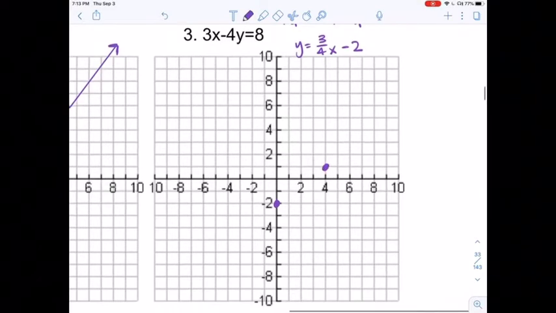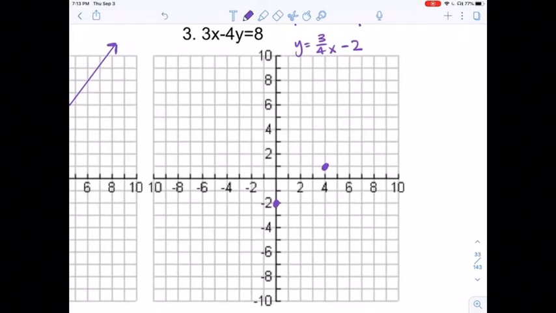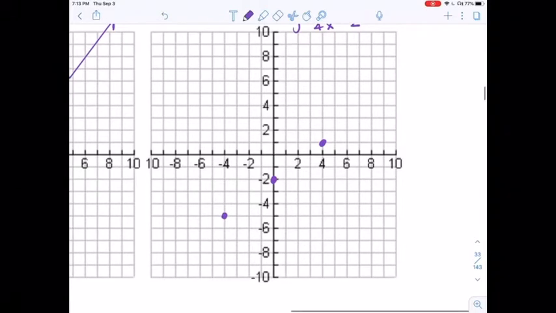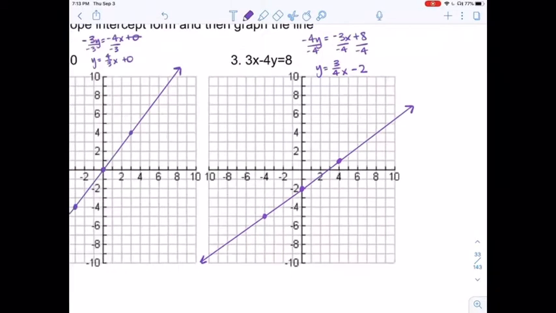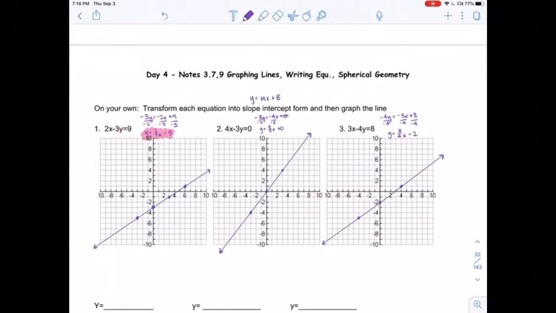I can also go down 3 and back 4 and connect the dots. I find it easier, especially in Notability, to graph one on either side and then connect them, rather than trying to get my lines to go all the way through.